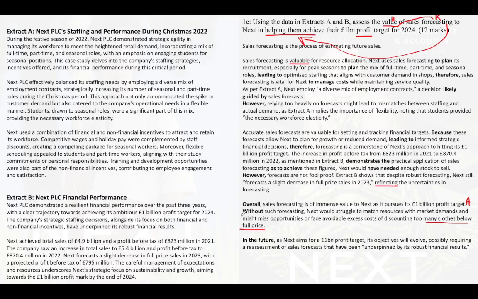Okay. Now we know, because we read the news, that actually in 2023, Next didn't discount as many items. Now, when that article first came out, I was quite interested that they hadn't done it. But now I understand the context, because the year before they predicted a dip in profits.